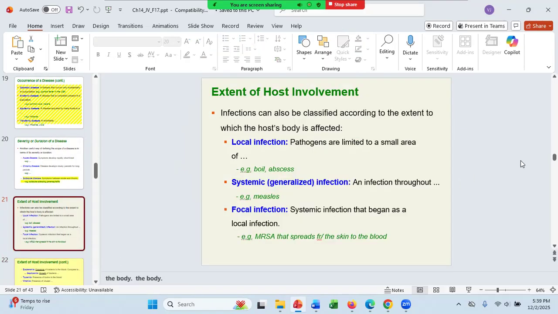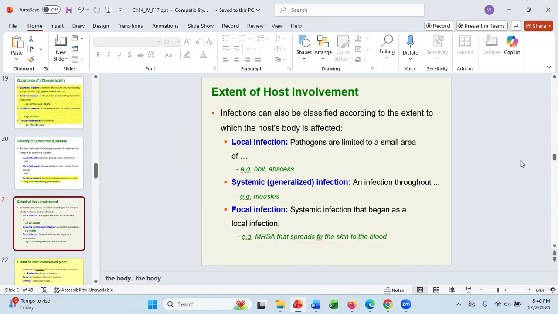Let's talk a little bit about the extent of the host involvement. Depending on how sick you become can depend on the extent of the host involvement in the disease. Infections can be classified according to the extent to which the host body is affected. There's a local infection.